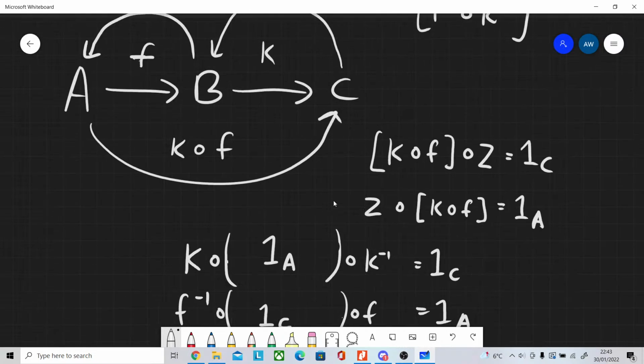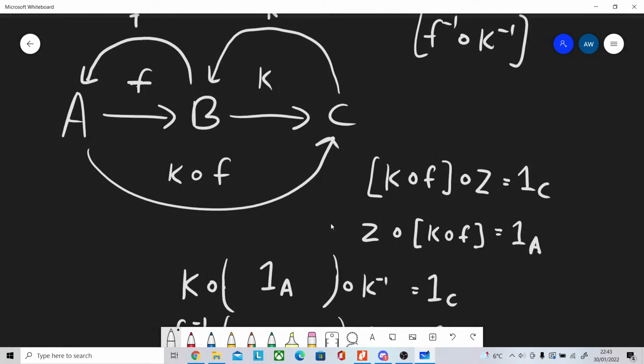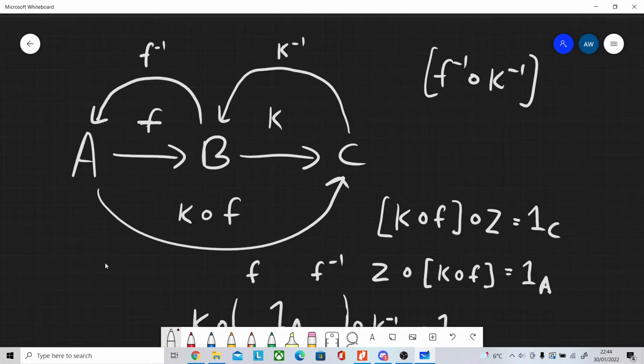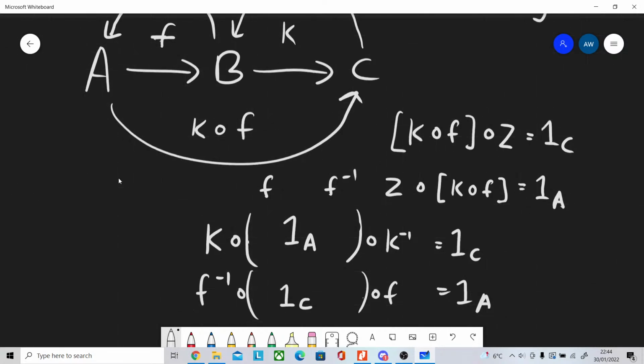Wait, this is F and then F inverse. Oh my god, of course. I read it from left to right. Idiot. And this is K inverse. It's K. Oh my god. Make such stupid mistakes.